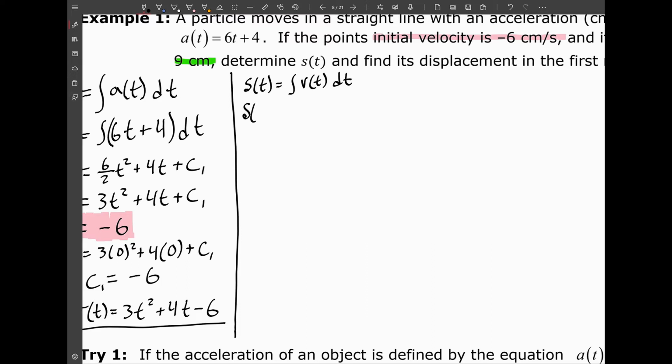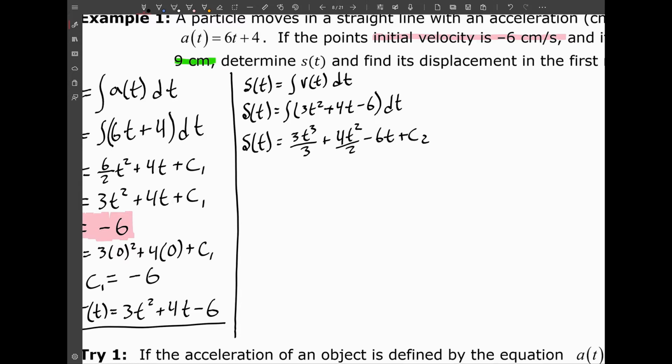So s of t is going to be equal to the antiderivative of 3t squared plus 4t minus 6 dt, which means s of t is going to be 3t cubed over 3 plus 4t squared over 2 minus 6t plus another constant.